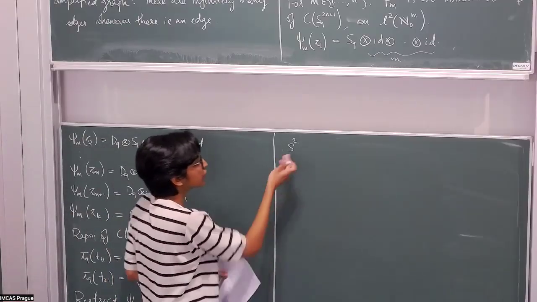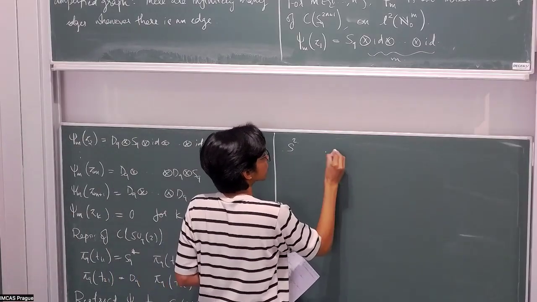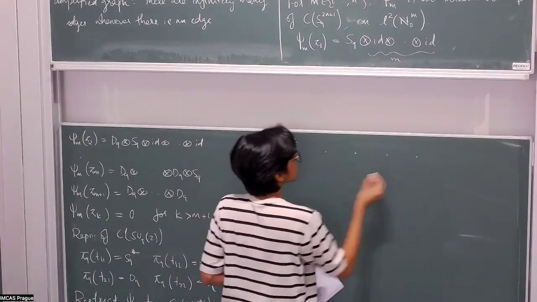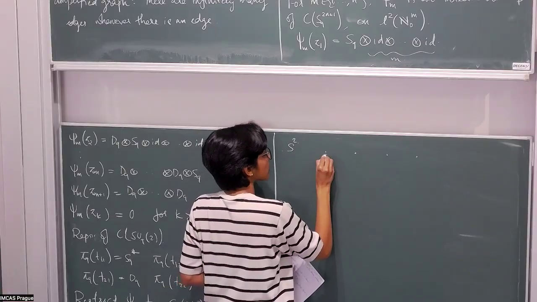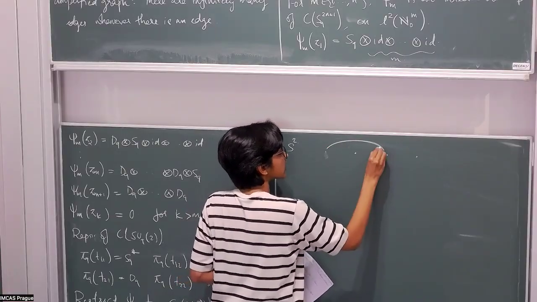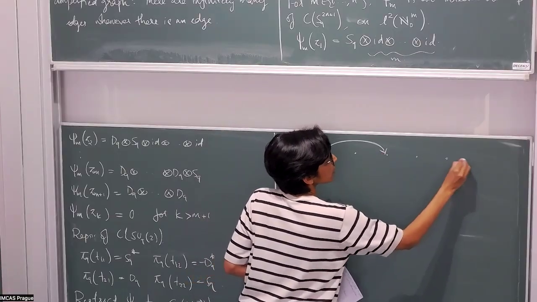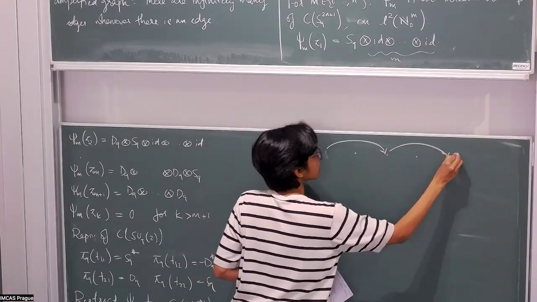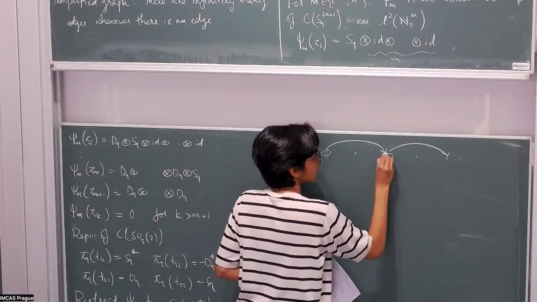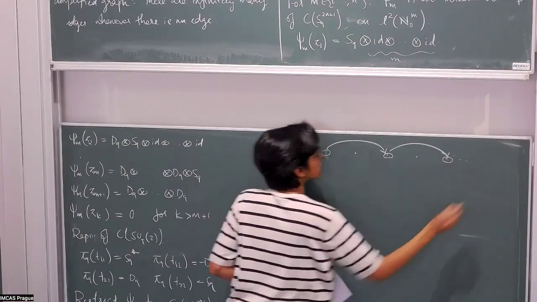So if I have a shift square, acting on L2 of N naught, this is the first thing, and if I act by S2, then it takes me here, and if I act again, then it takes me here, and these give me an invariant subspace, right?